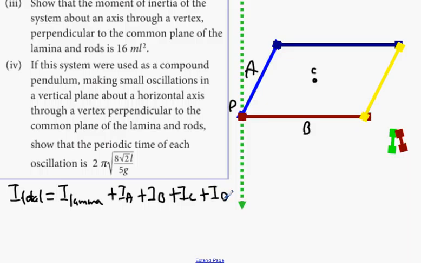Can anybody tell me what's good about the lamina? We've already done it, haven't we? It's 8 over 3 ml squared.